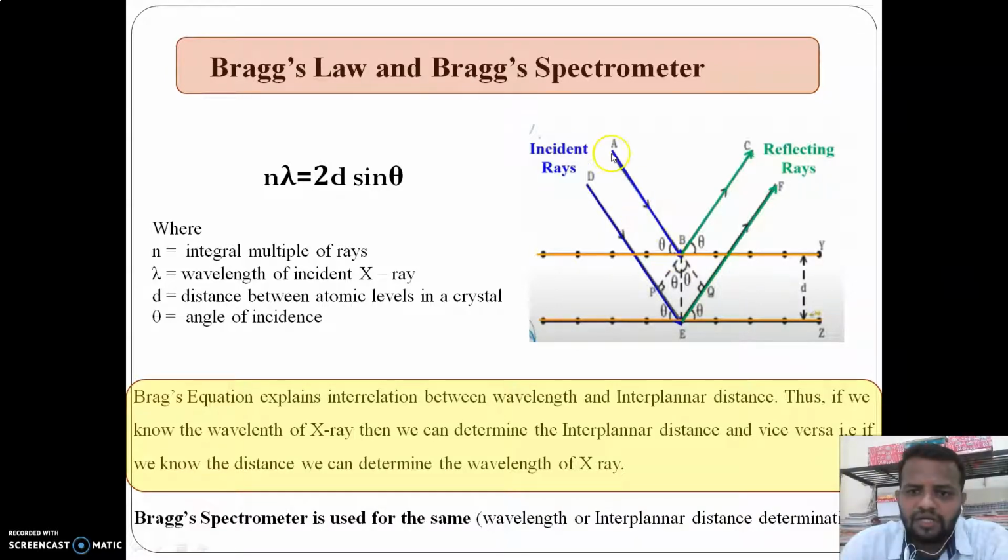Whatever incident rays fall on the first layer, there is a bright possibility that the rays may also fall on the second layer or on the upcoming layers. If such incident ray exposure towards different layers occurs, obviously reflection from each layer will occur, and the reflected rays will result in interference.